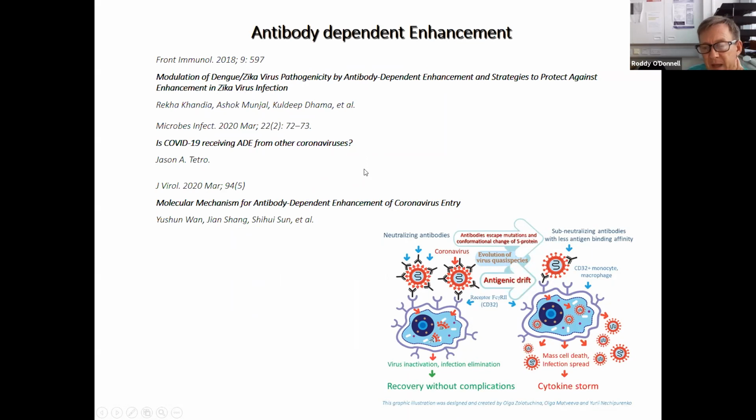And there appears to be antibody-associated enhancement for those two infections. So the worry is whether the multi-system inflammatory syndrome that we're seeing in children, which appears to be antibody-associated with myocarditis and skin rashes and diarrhea, is actually antibody-enhanced illness or not is an open question.